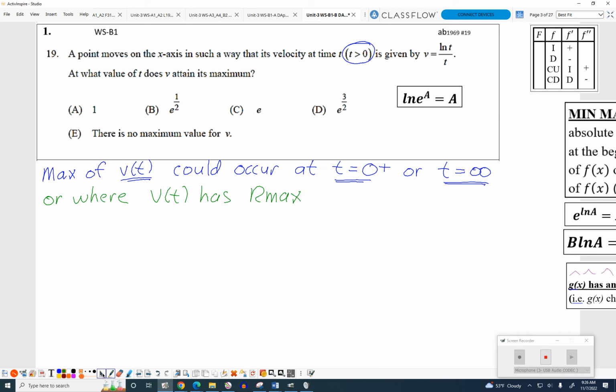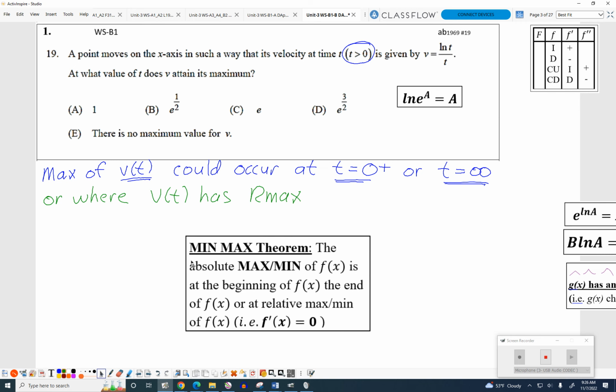Here's another way of saying the min-max theorem if you find it easier to use that. Chance to write that down, it's a little wordy.